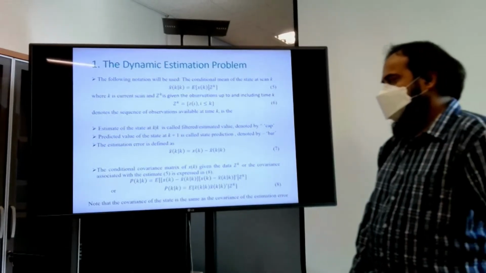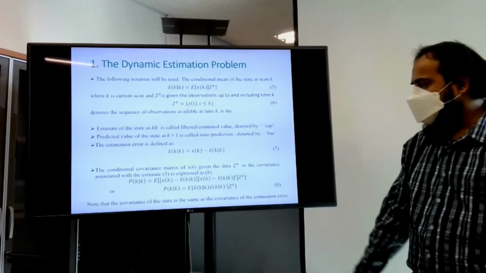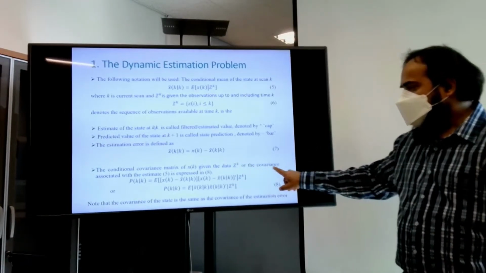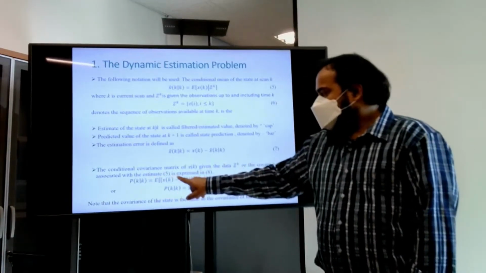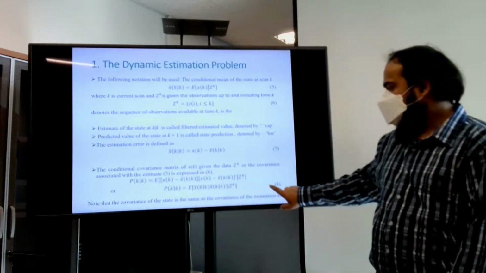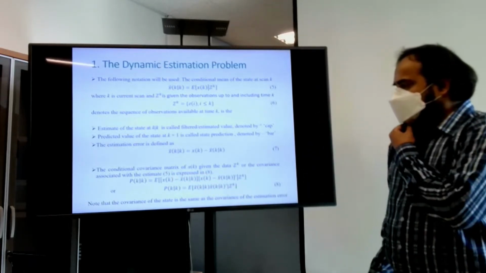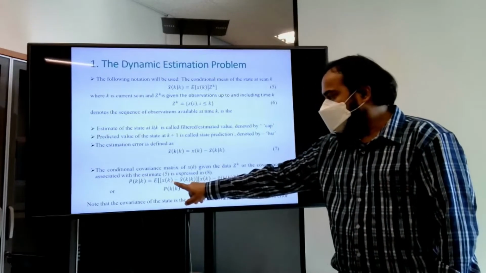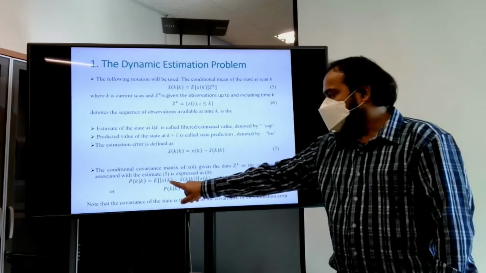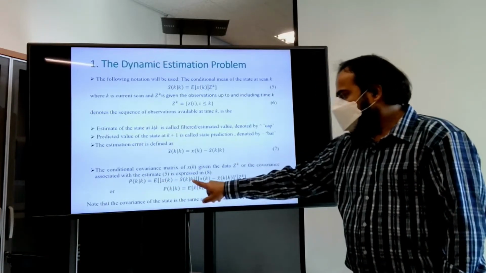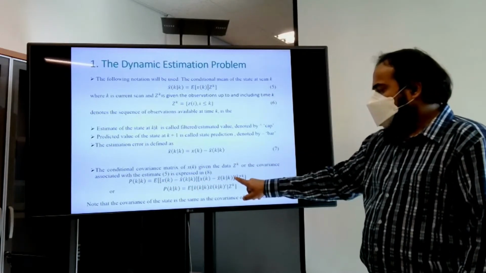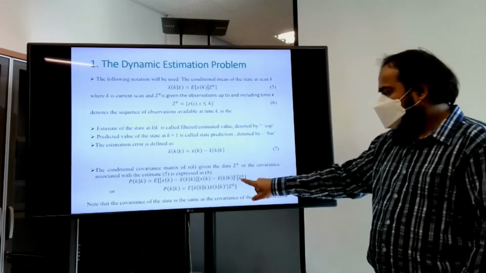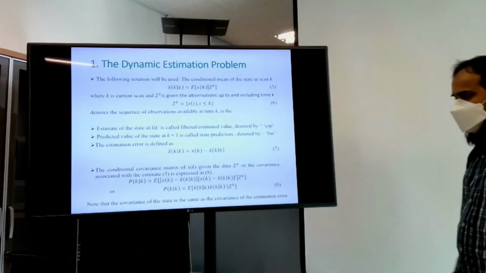The conditional covariance matrix of x of k given the data z k, or the covariance associated with the estimator, is expressed in this way. The covariance is the expression over the error, the mean square error, one part with the transpose, given the condition of z k.